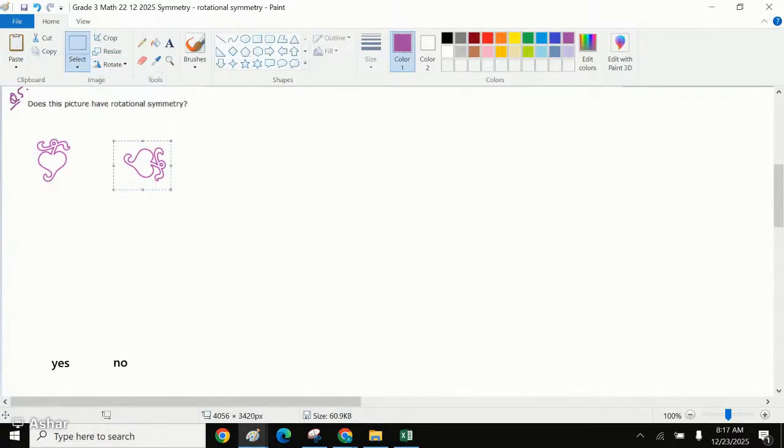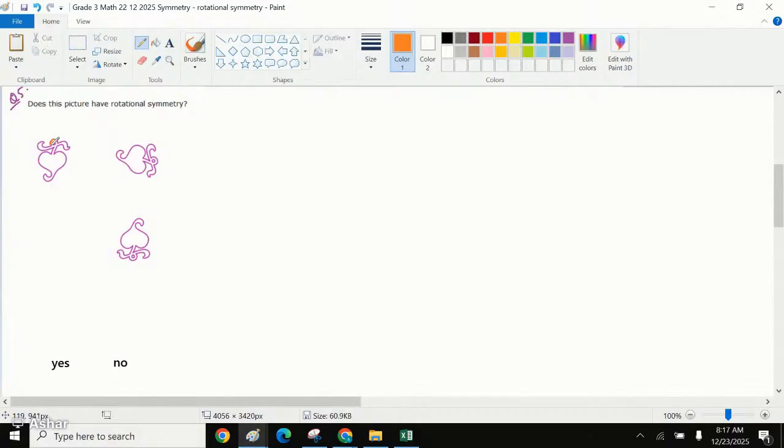If we rotate, right, do they look the same? Or if we give another rotation, right? If I rotate like this, are these shapes all the same after a rotation? These shapes are not exactly the same, right?